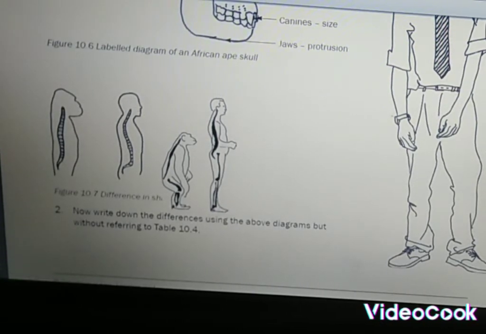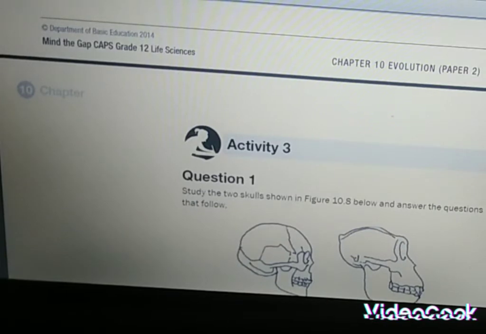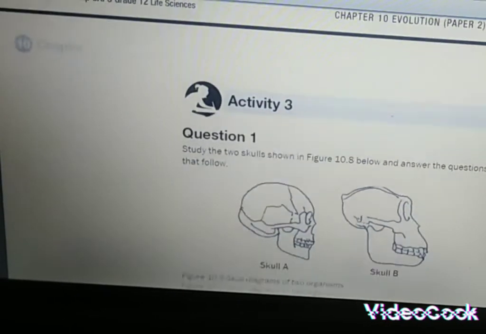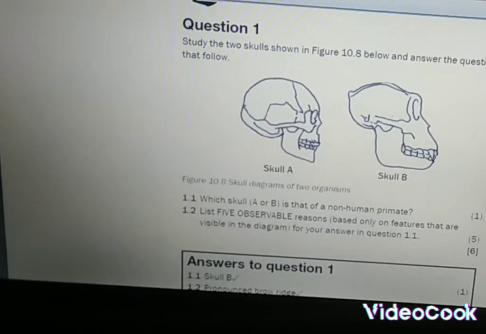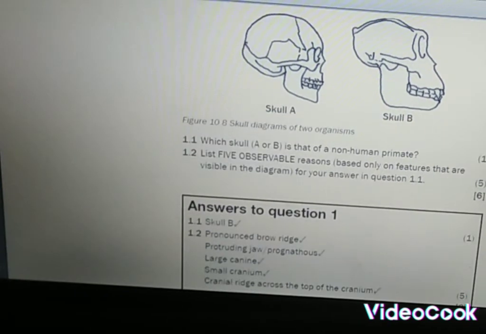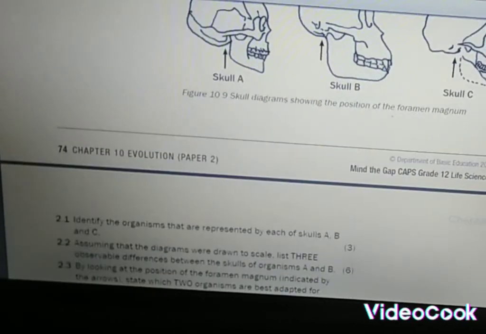So that's it on the similarities and differences between Homo sapiens and the African apes. Just know a Homo sapien is a human being, right? It's you and me. And African apes are like the gorillas, okay?